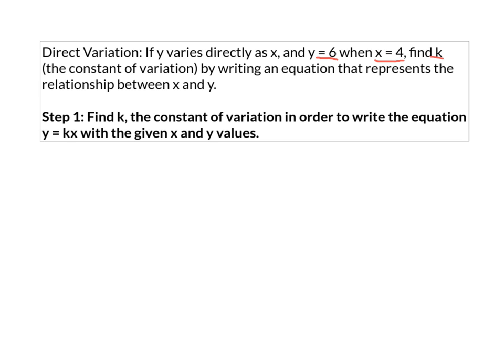First, to find k, we will have to solve for k with the given x and y values. So what I'll do first is copy this equation, y is equal to kx. In the original example up here, I was given y is equal to 6 and x is equal to 4. So what I'm simply doing is trying to solve for k. I'm going to go ahead and plug in the y is equal to 6 over here.